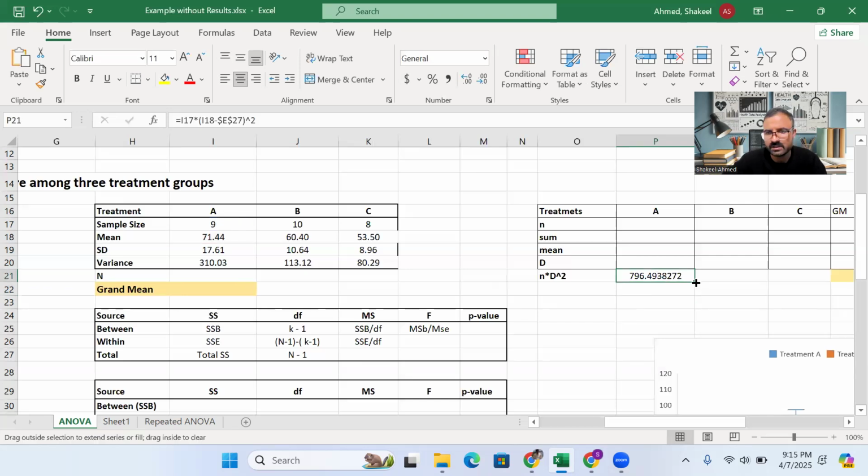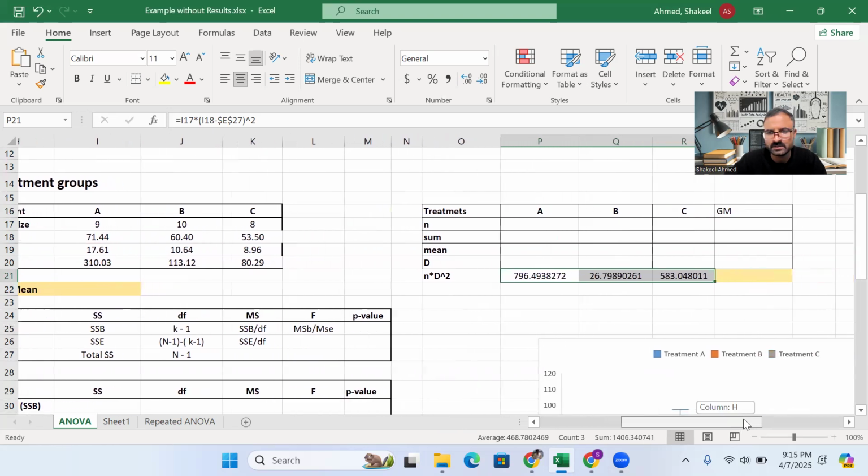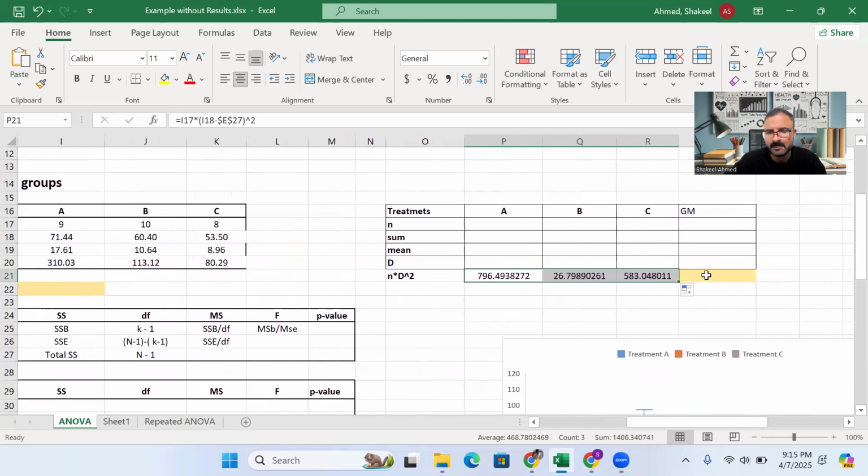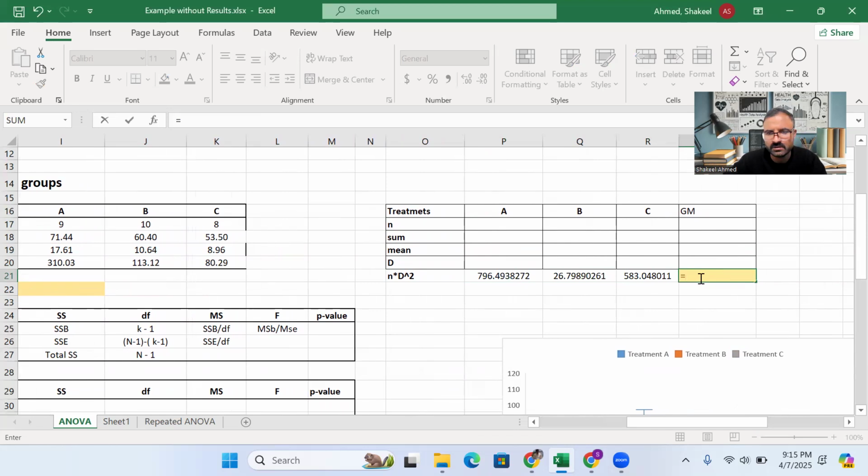And you can drag to the next two values. So these are the sum of deviations multiplied by the sample sizes, and you can just find the grand total. Just sum it and drag. So this is 14.